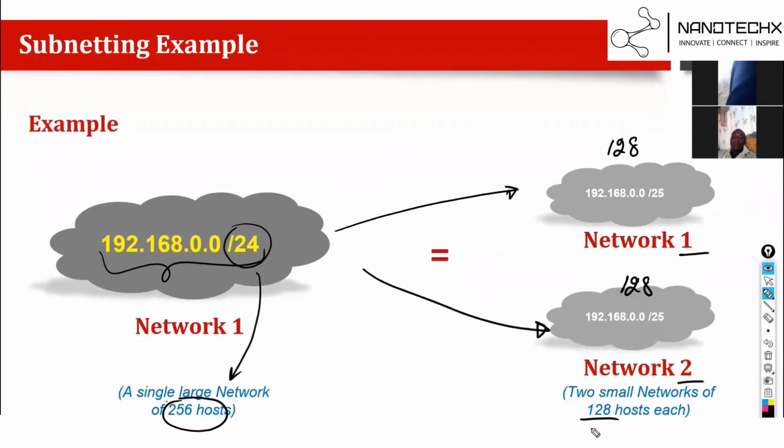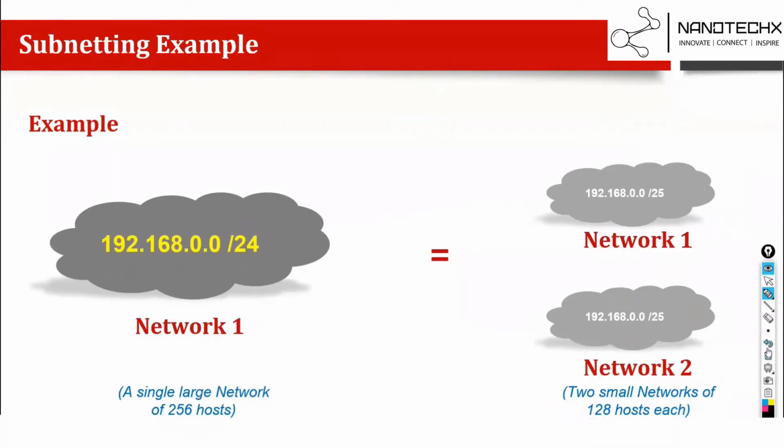So you can see this portion is the same, 192.168.0.0. But what is making the difference between them? From /24 we have made it /25 now, because we know /25 always has 128 hosts. We will do the calculation in the next step as well. So this is called subnetting.